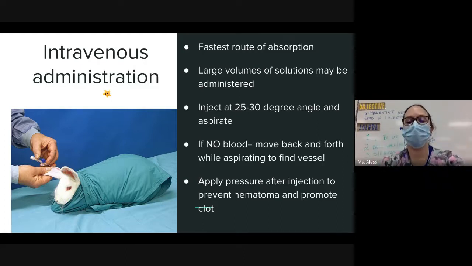Luckily, these things come in pairs of two, so you have multiple ways of going intravenously into an animal. And definitely apply pressure after that injection to stop the bleeding, right? Assist in the clotting with that pressure, and make sure that there's no hematoma.